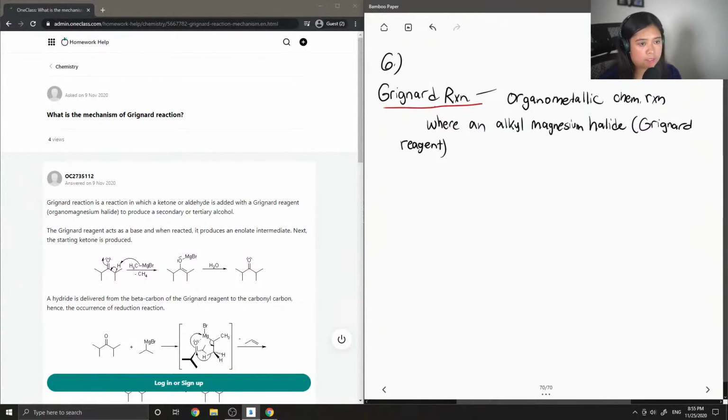And basically it is like the carbon group that you want to add. So it can pretty much be anything, any R group you want. So it is added to a carbonyl group.